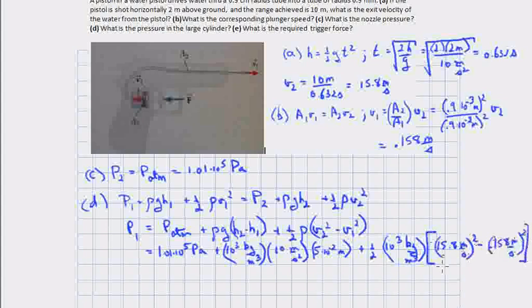Okay, now if you look at this, you'll see that this term here, 10 to the 4 times 10 to the minus 2, is 10 to the 2. 5 times 10 to the 2 is completely negligible compared with this. And we'll find that this term is roughly atmospheric.